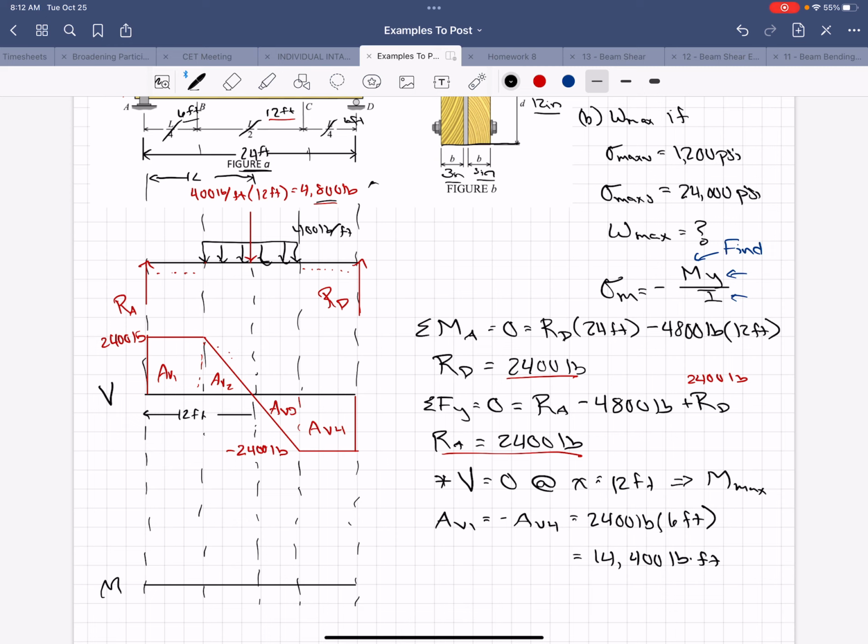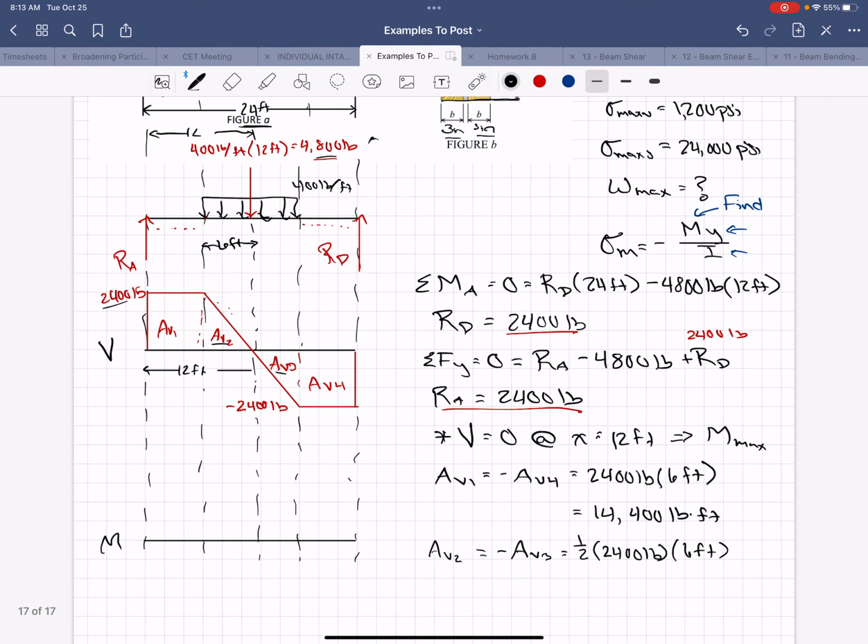Then we can see that we have area of shear 2 and area of shear 3. So the area of the second shear area equals the negative of the third shear area, and that equals 1/2 of 2,400 pounds times, this is 6 feet again, so times 6 feet.